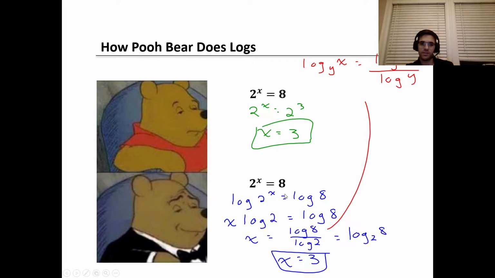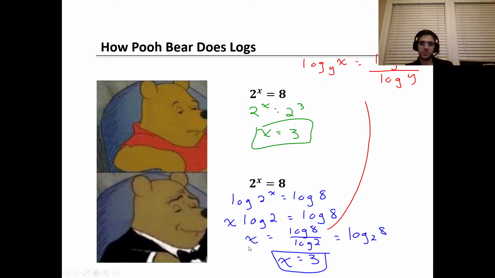So that property gets that x out of this exponential function. So that's what we want. So now we have x times log of 2 equals log of 8, and now we can just divide each side of the equation by log of 2 to isolate our x.